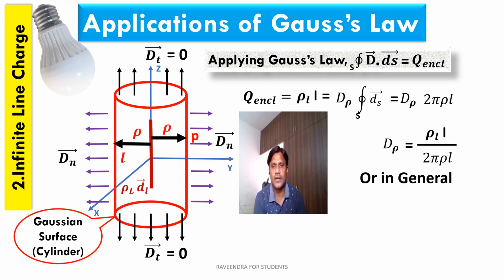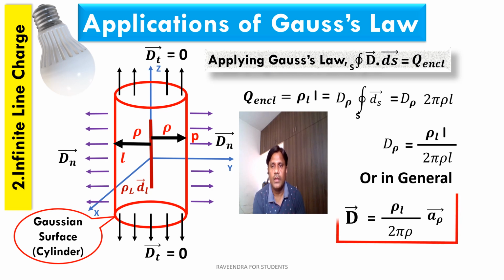Or in general, in any direction, D bar equals, here L and L get cancelled. So in the numerator you will have rho L, divided by 2 pi rho into, so what is the vector? A rho bar. Here rho is the perpendicular distance from the line charge to the point P where you are finding the D bar field.